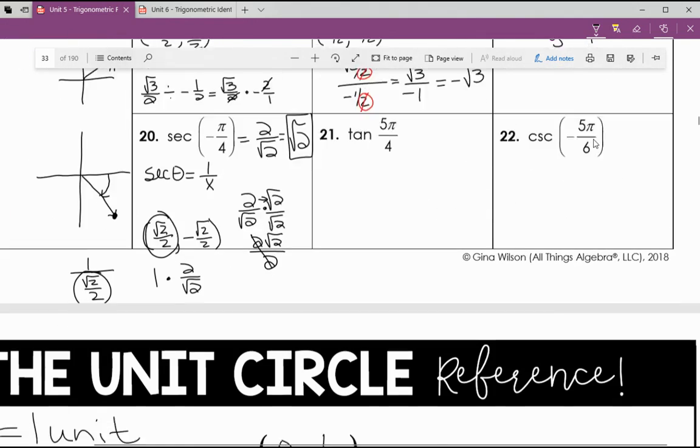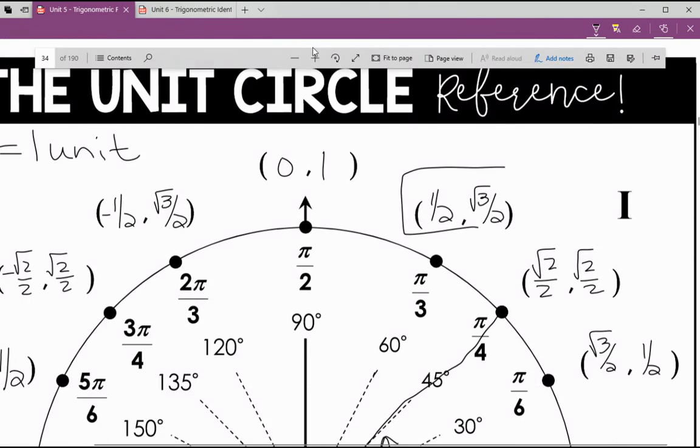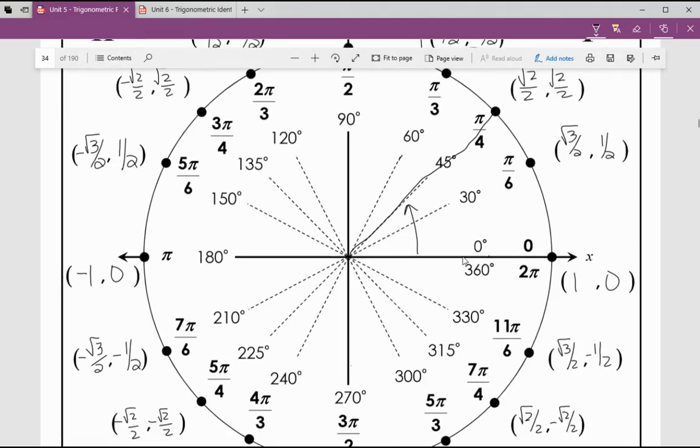5 pi over 4 is on my circle. 5 pi over 4 is here. All right. So I'm going to use this ordered pair, negative square root of 2 over 2, negative square root of 2 over 2.